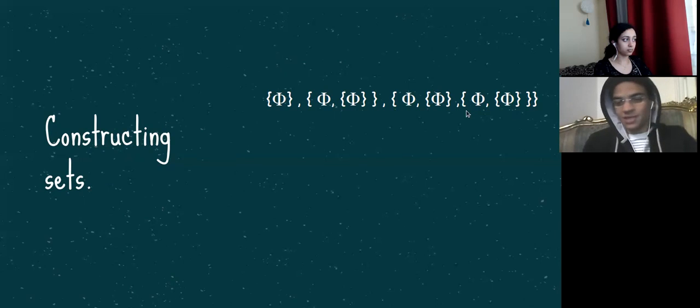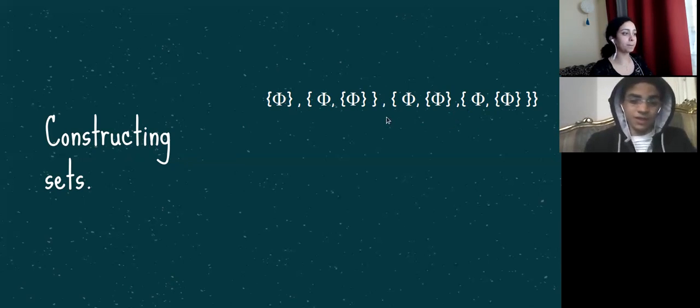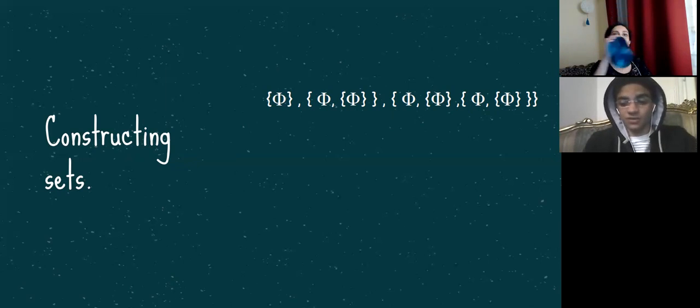Reading it aloud might make it harder, but if you just look at it, it might feel easier to understand what it is saying. This is a very powerful concept, because based on the empty class, we will build the whole system of natural numbers, and we'll build addition, subtraction, and multiplication. All of these will be based on this concept, but that is still a more advanced topic that we have not reached.